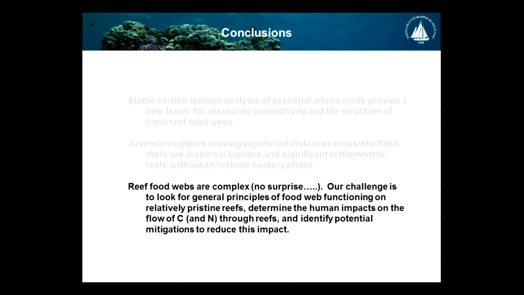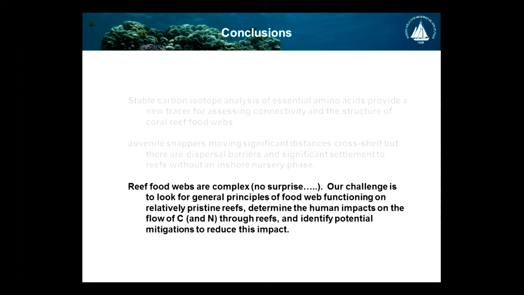We've talked about carbon, but you can do very similar analyses for nitrogen as well. So in some sense, the carbon data is going to tell you which particular food webs in terms of those primary producers the fish are relying on. Nitrogen is going to tell us something about the structure of those food webs, how those food webs are actually organized. And I think that together, that's going to be a very, very powerful analysis.